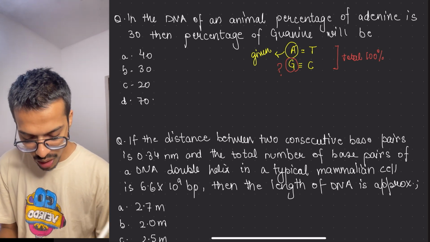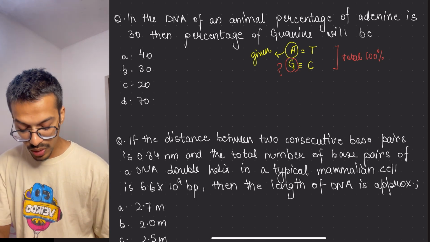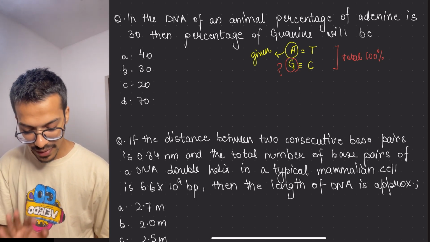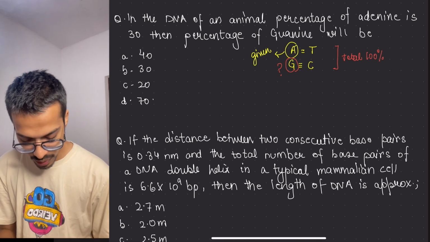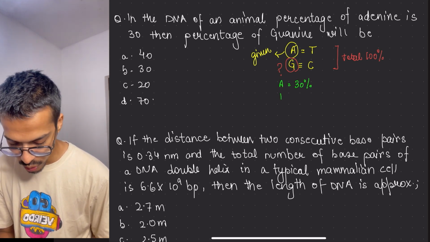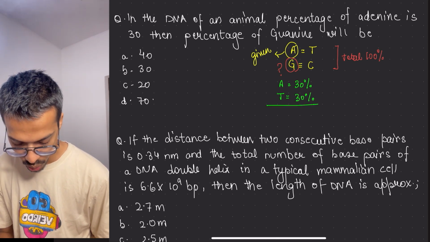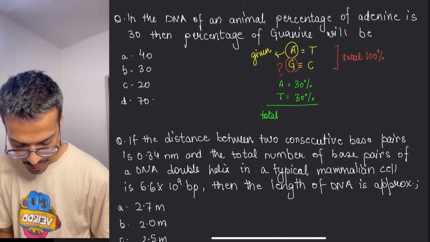Now, if we know about adenine, we can get thymine, right? So adenine is 30%. Thymine will also be equal to it, that is 30%. That means the total of these nucleotides is 60%.